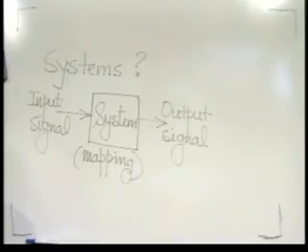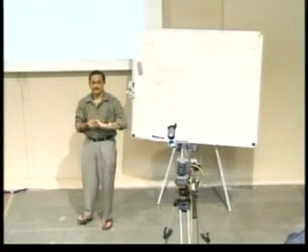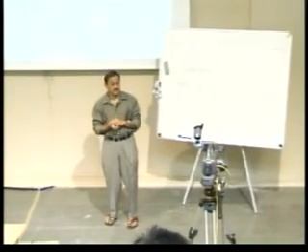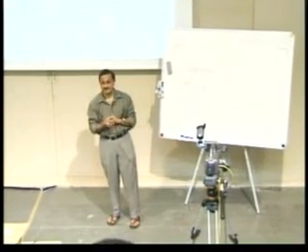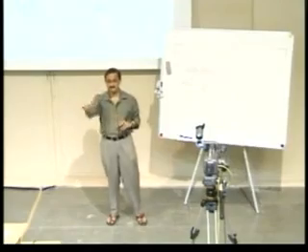So Abhishek says it's the inputs and outputs that pass through a system. Well, there is a little but very important part that's left out there. Yes, Uday? Initial conditions. Uday says initial conditions.